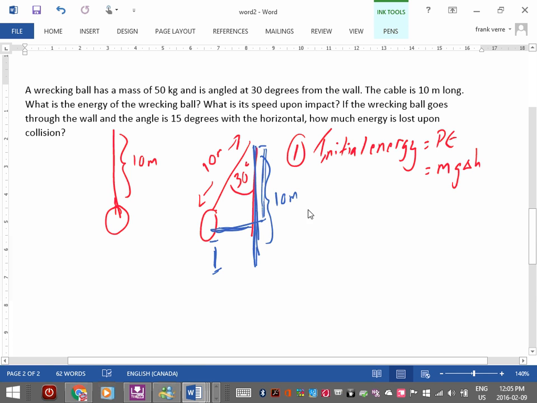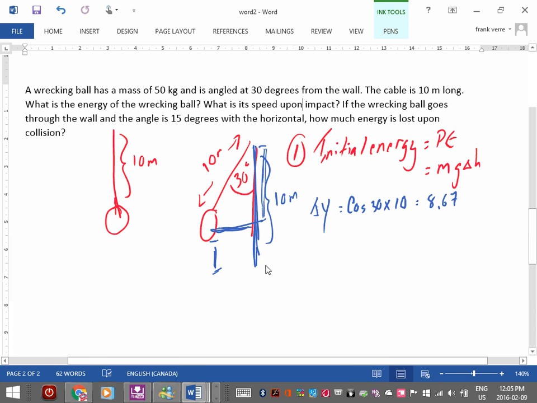What is this component, this y component? It would be cosine 30 times 10, which is about 8.67.